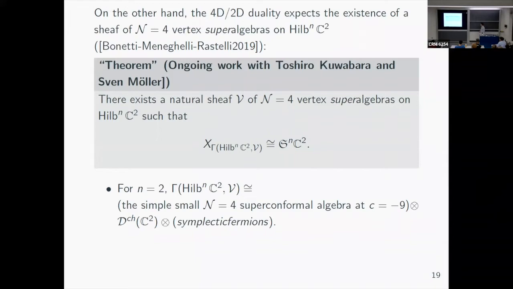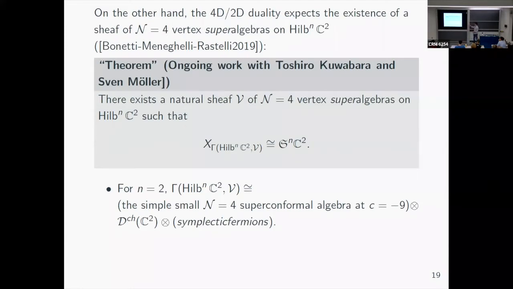And if you consider the n equals 2 case, you obtain as global section essentially the small N equals 4 superconformal algebra tensored with a certain free field. And a nice thing about the sheaf construction is that you can obtain a free field realization by restricting the sheaf to an affine open set.